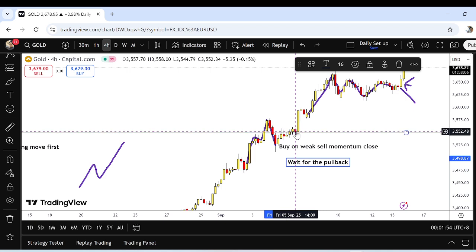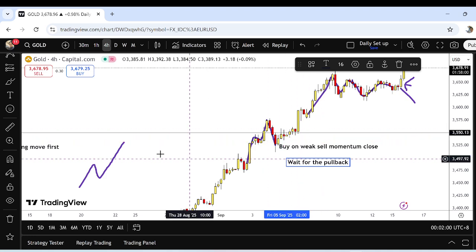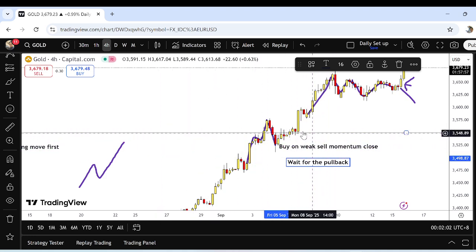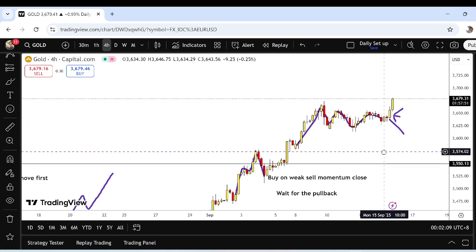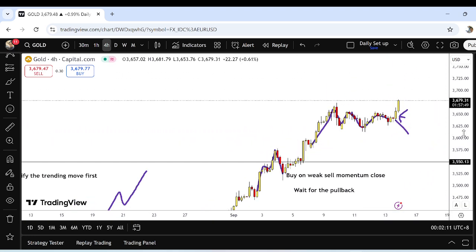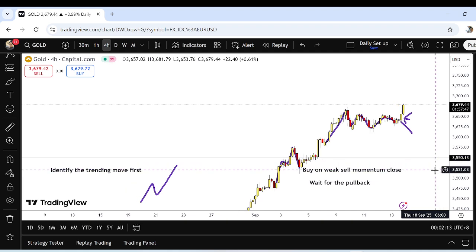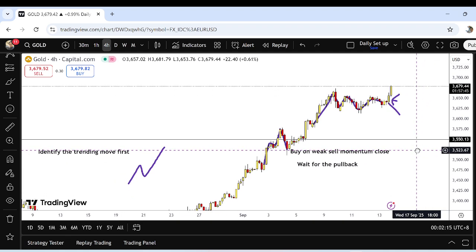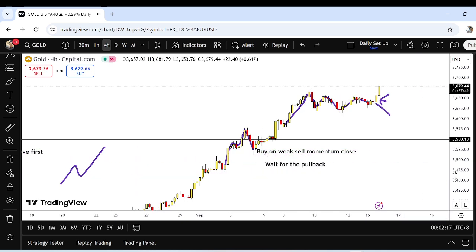So for buy orders: identify the trending move, wait for the pullback, and then buy on a weak sell momentum close. So these are the 3 points that you want to take note of if you miss out on a pair.